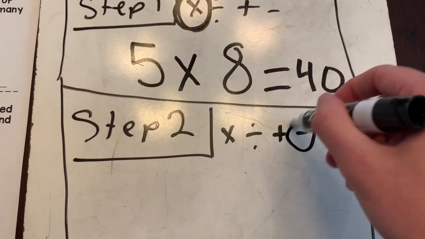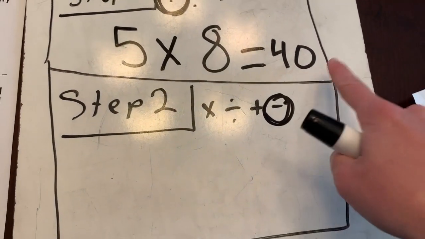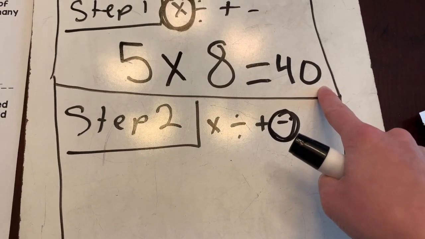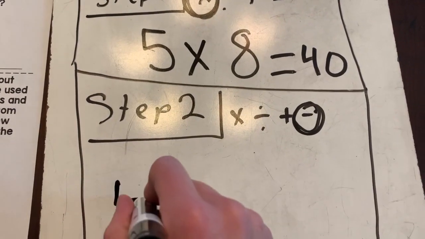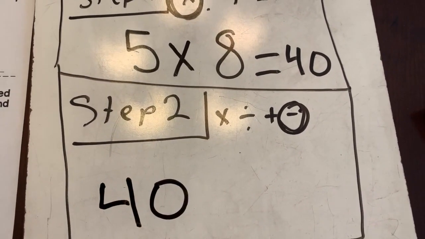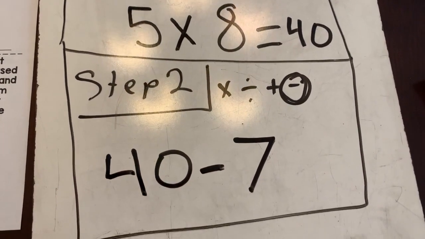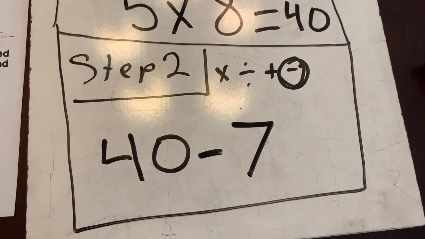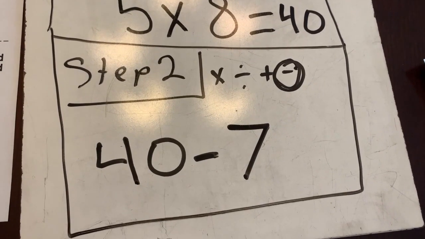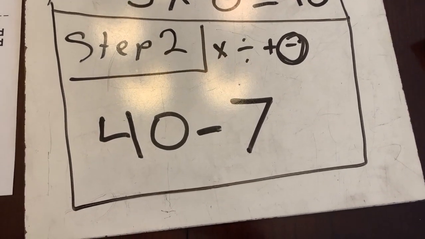That's right, subtraction. So in step 2, we're taking the answer that we got from step 1, which is 40, and we are subtracting 7. 40 minus 7. Will that give us how many lip glosses she had left over?